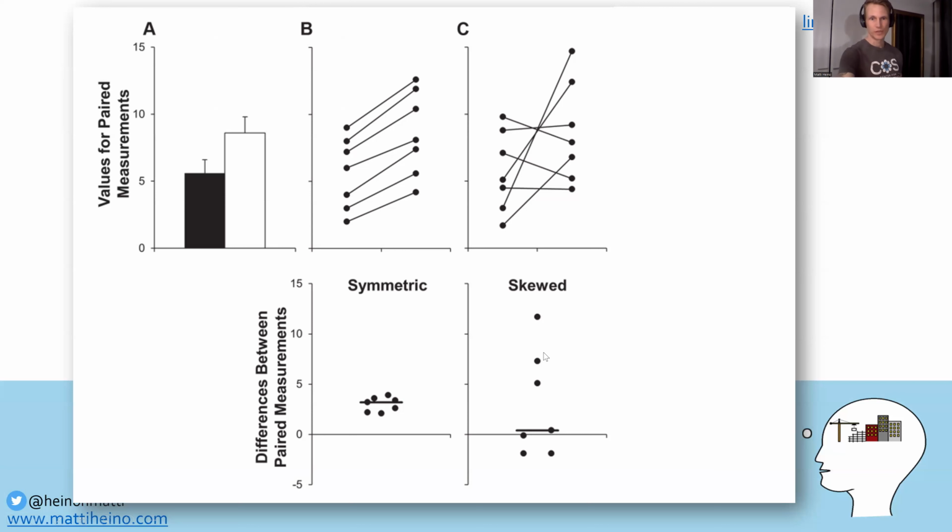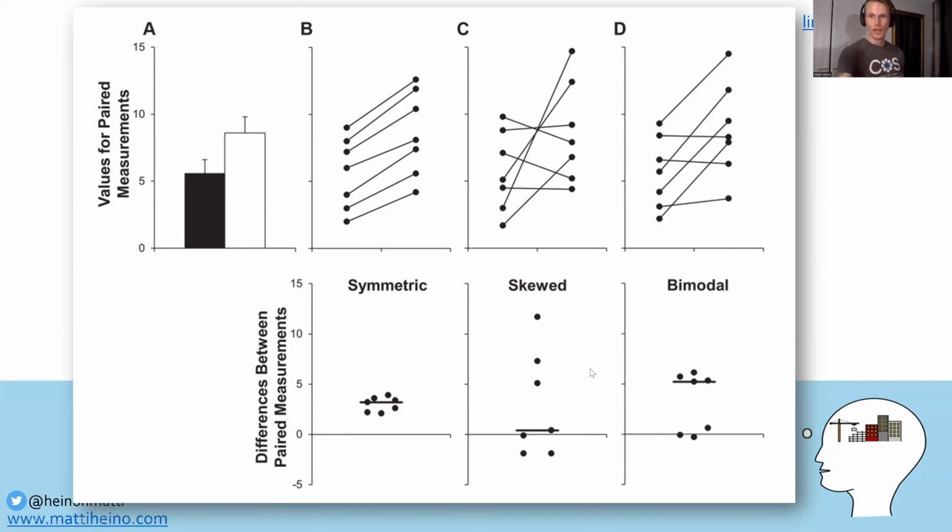So it's skewed. So here we have 3 people who experienced this very large boost. And you could also have a bimodal situation where there are 2 groups, and clearly one group goes up and the other group stays the same.